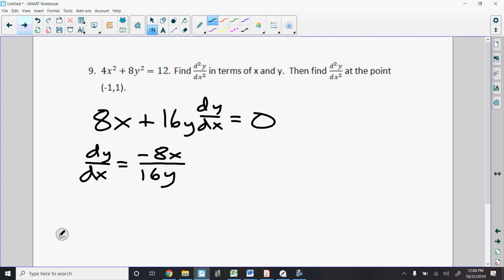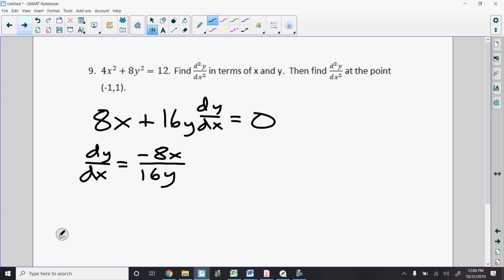Now, especially on second derivatives, we have to simplify this if we want to make this thing manageable. The numbers are going to be really, really big if we don't simplify this. So don't start doing the quotient rule here with negative 8x and 16y. The numbers are just going to get too big, and it's going to take you way too long.